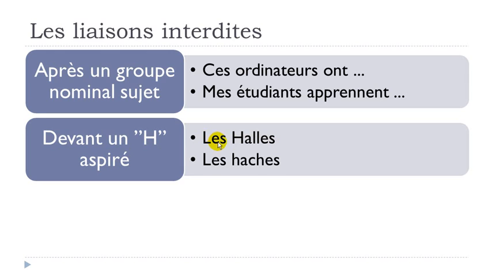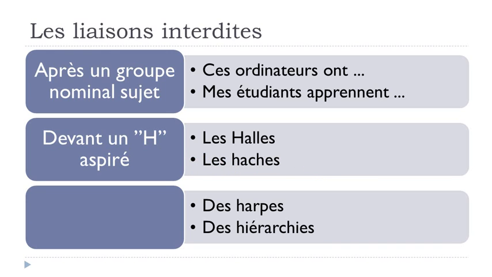So in that case, you shouldn't make the liaison, so you shouldn't say lez halles, but you should say les halles, okay, les halles. Same thing here, H, well, it's an X, and in that case, it's the plural form. Les H, okay, so you don't say lez H, but you say les H, all right?